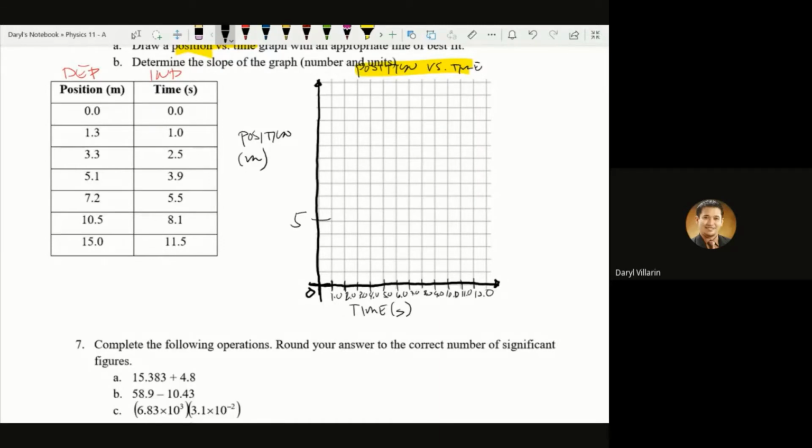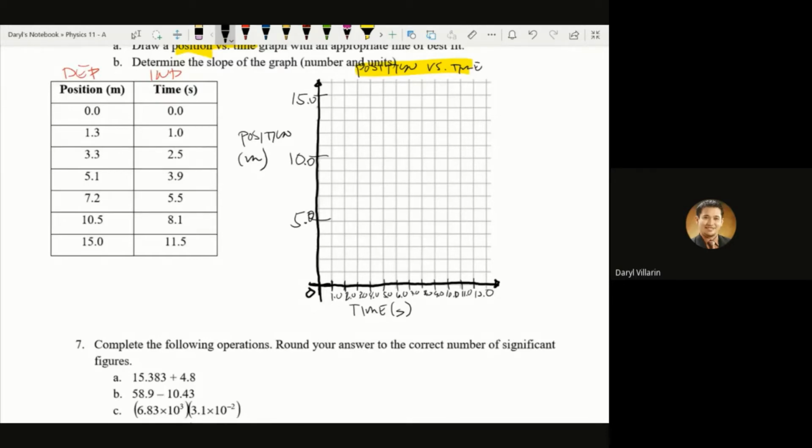This is 5. 1, 2, 3, 4, 5. This is 10. Then 1, 2, 3, 4, 5. This is 15. Okay. So 15.0, just indicating the same precision of each measurement. Okay, there. That would be my scale.